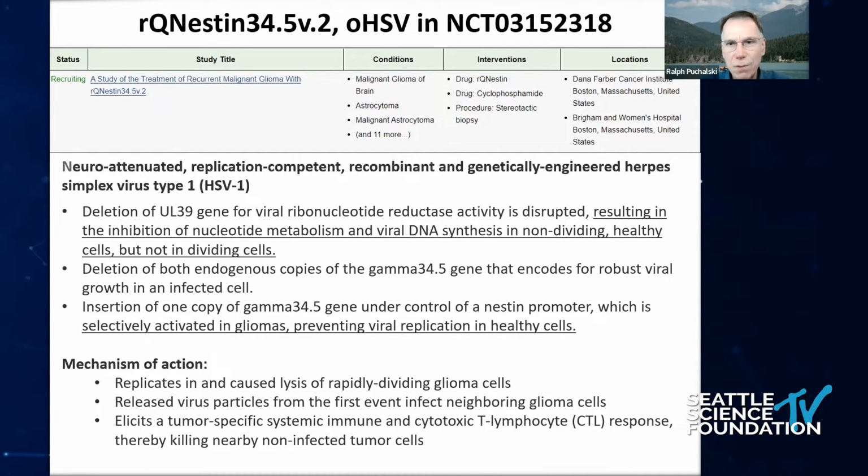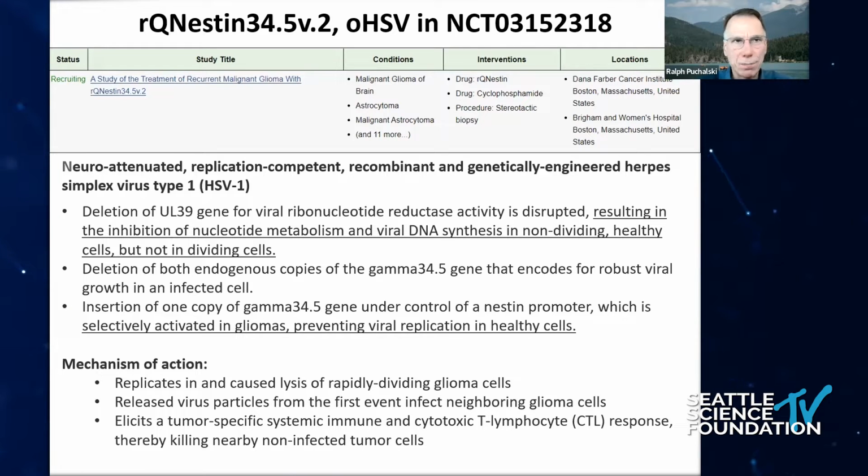And both endogenous copies of the viral gamma 34.5 gene are deleted, and that gene encodes robust viral growth in an infected cell. And then the virus has an insertion of 1 copy of the gamma 34.5 gene, and that's under control of the nestin promoter.